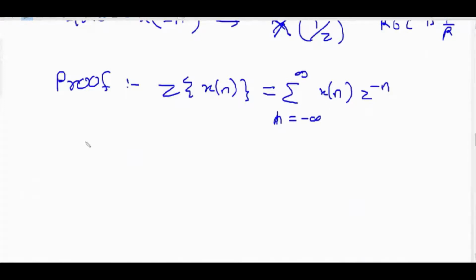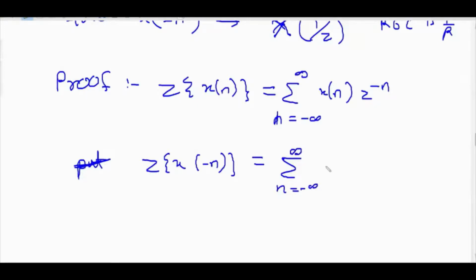Now we are finding the Z transform of x of minus n, so instead of x of n, just put x of minus n: summation n equal to minus infinity to plus infinity x of minus n dot z raised to minus n.